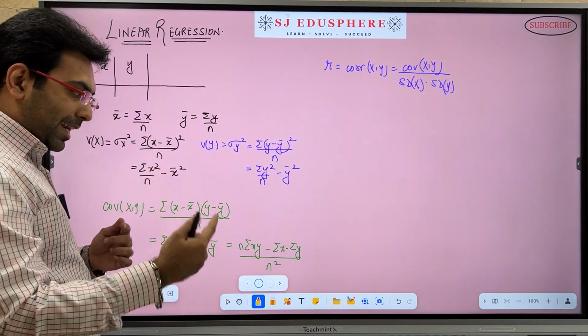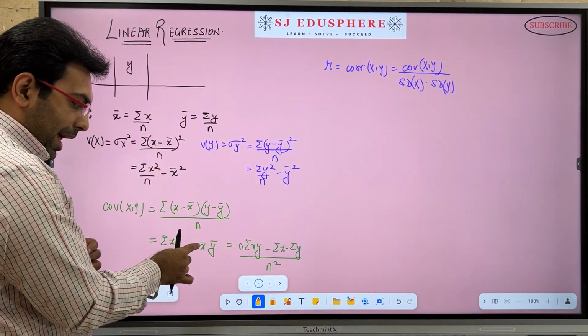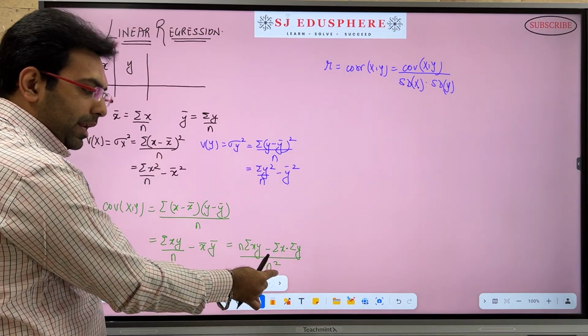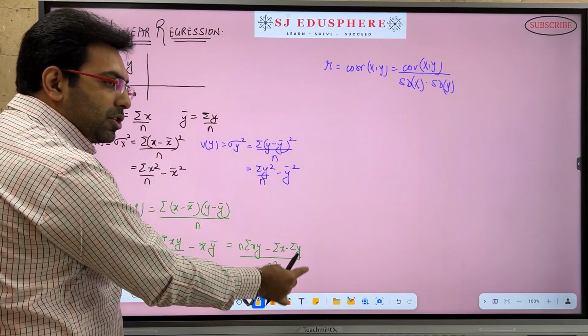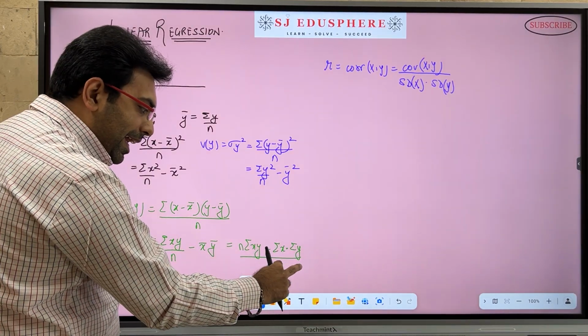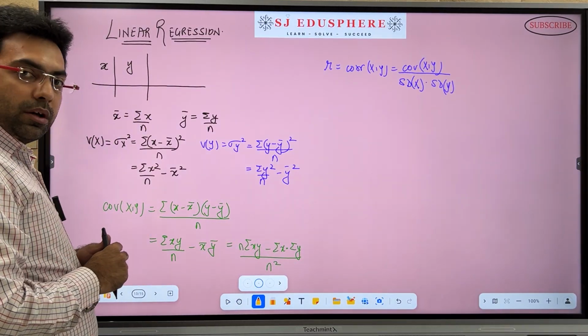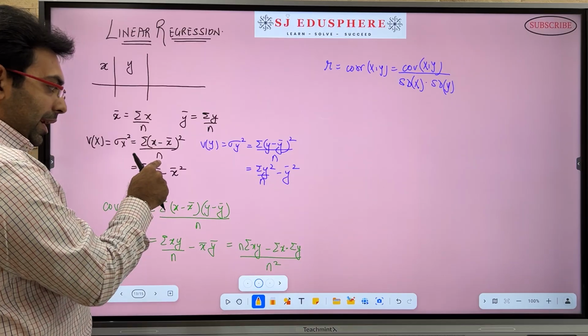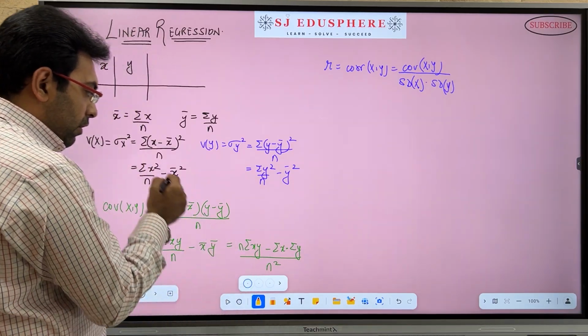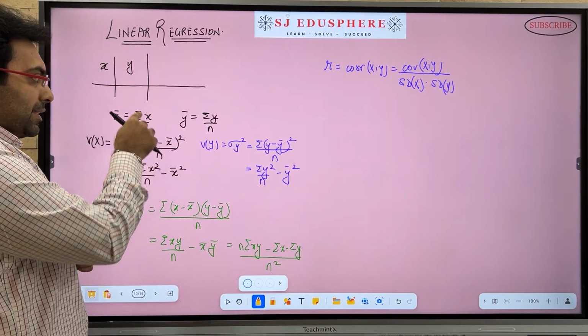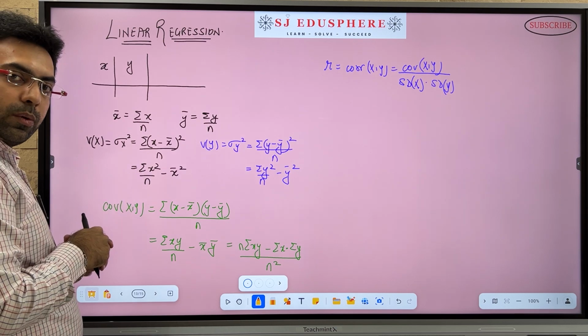Pause. How did I get this? I simply wrote x bar as summation x upon n, y bar as summation y upon n. n and n became n square. So for the LCM, I multiplied it over here. Similarly, can I write this formula for variance? x bar is summation x upon n, the whole square.